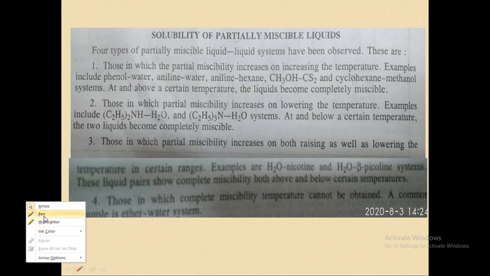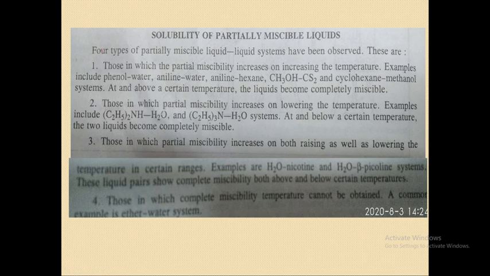You can pause the video and look here. I have written here the four types of partially miscible liquid systems that have been observed. Number one: those in which the miscibility increases on increasing the temperature.